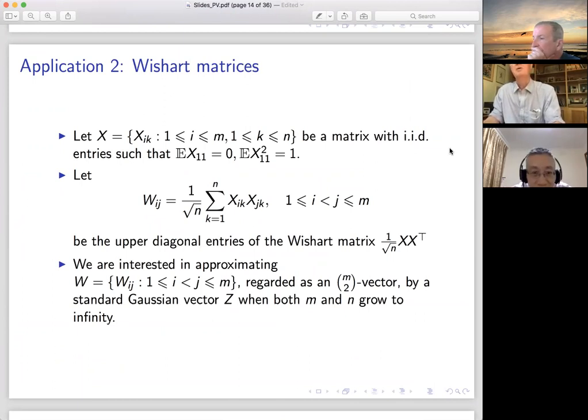I haven't tried. I'm not sure. But morally, it depends on whether you have an exchangeable pair coupling for that. I don't know. Oh, I see. Okay.